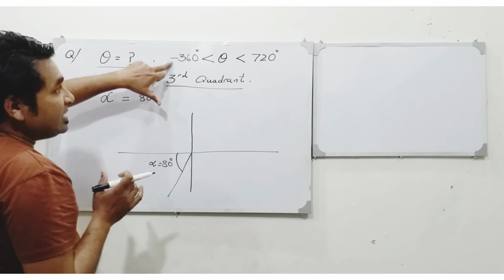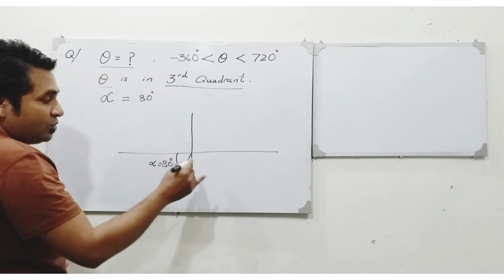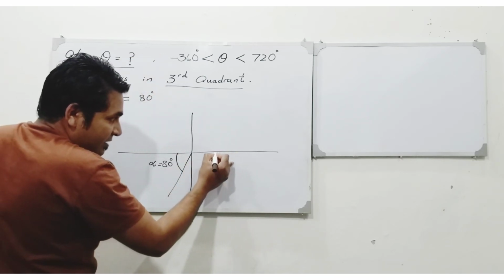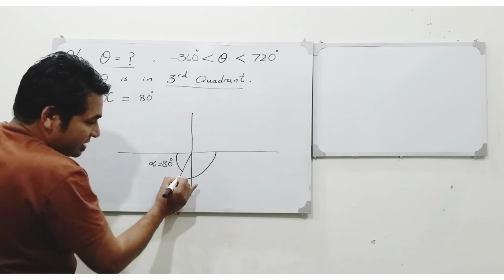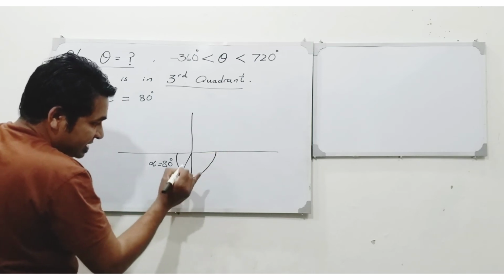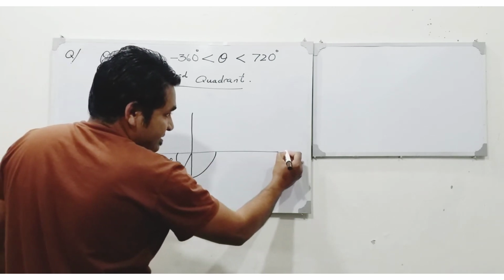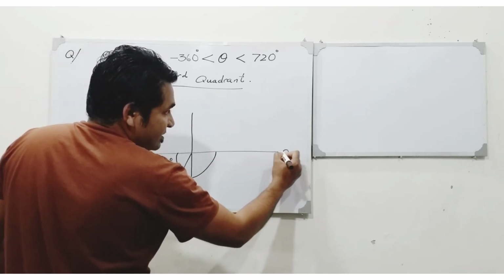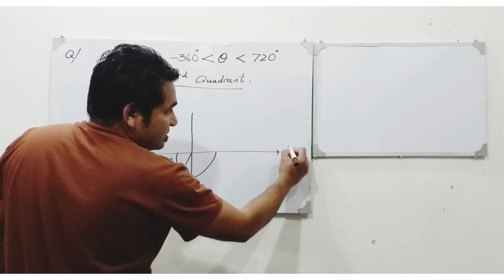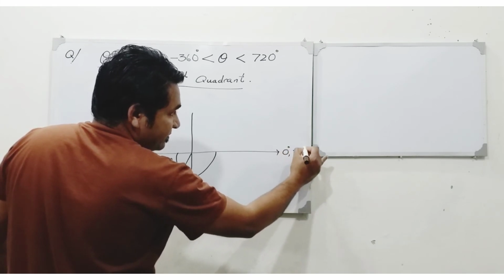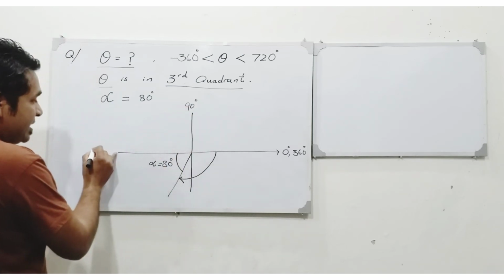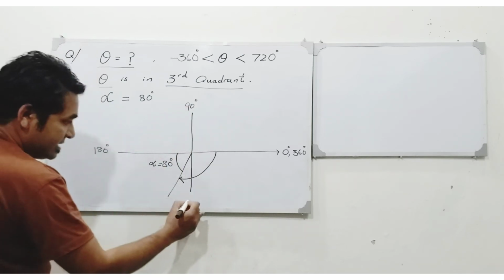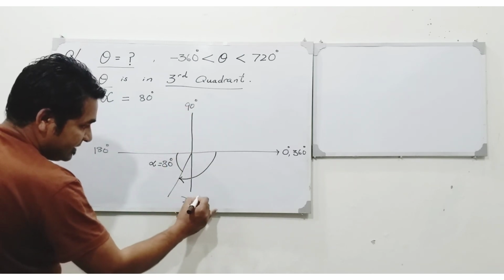When the value is negative, you know that the value of theta we measure always in clockwise direction. It is obviously 0 degrees, or it is also 360. Here it is 90, 180 and 270.